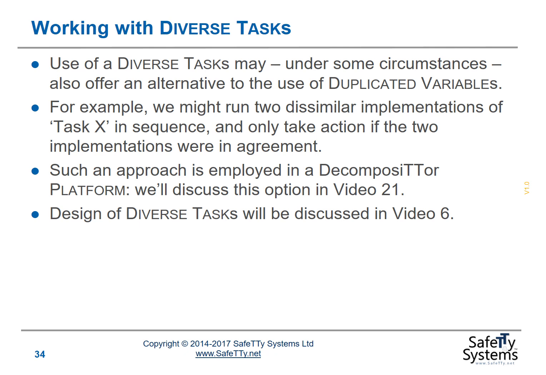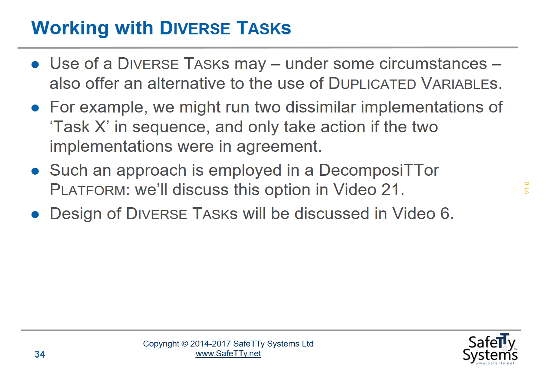Working with diverse tasks can also be useful, and it may offer an alternative to the use of duplicated variables. Suppose, for example, we run two slightly different versions of task X in sequence, and then we only take action if the two implementations agree. So we perform essentially the same calculation using two different algorithms.